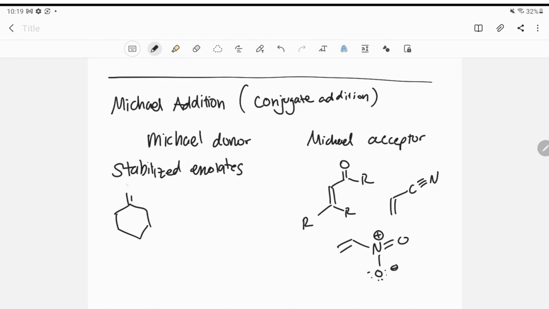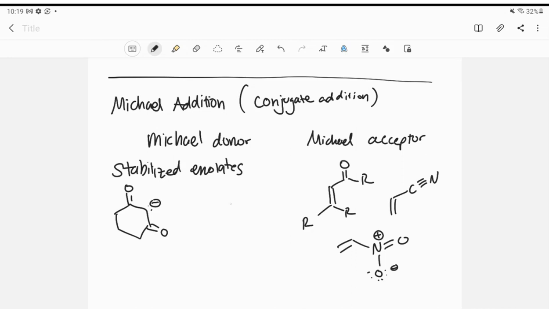So, for example, something like this. That would be a Michael donor. We're looking at things that are stabilized. So things that are extra acidic. So that lone pair is more stable than a single ketone would be because it can resonate in two different directions.